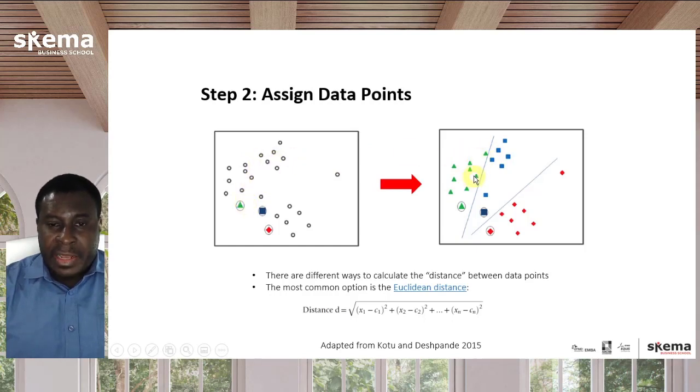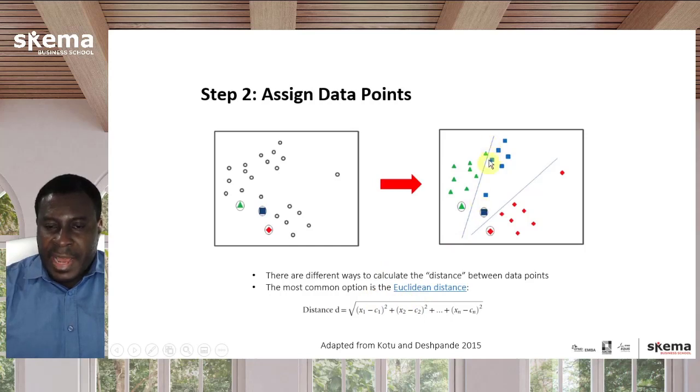The way the closeness is determined is based on some kind of distance measure. The most common way to calculate distance is called the Euclidean distance, and on a 2-axis plane like this, it's just a straight line. That's what the Euclidean distance represents. But there are other ways to measure distance for cluster analysis.